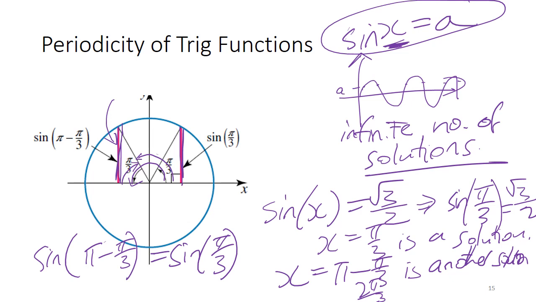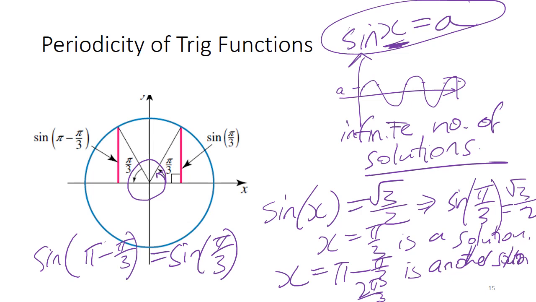Do I have another solution? Yes, I do. Where is it? Well, if I go a full 2 pi, and then another pi over 3, because as I said, if you have one full revolution, the angle doesn't change.